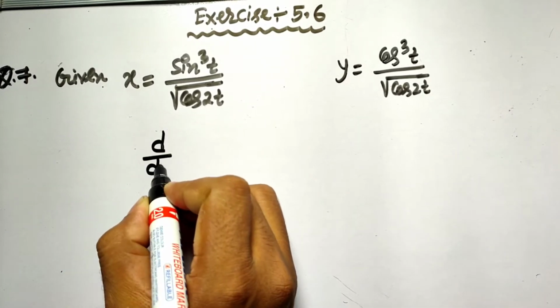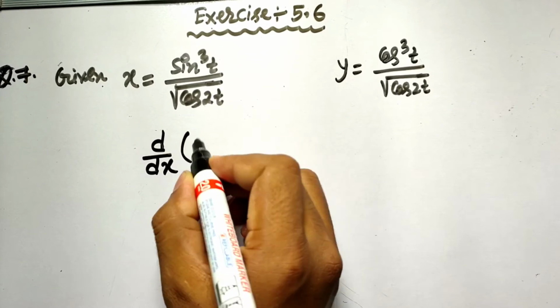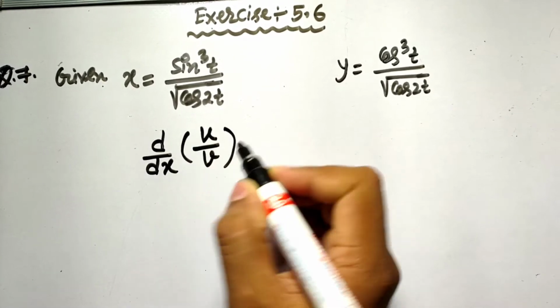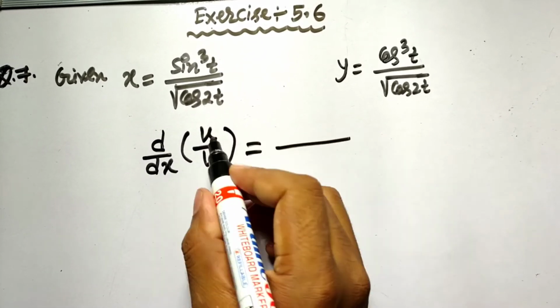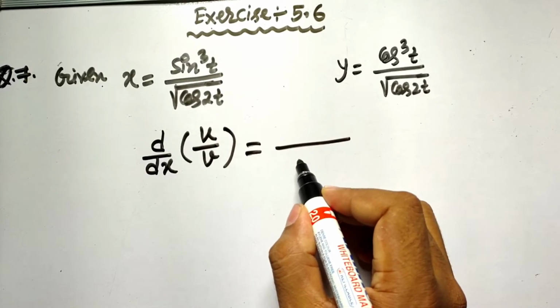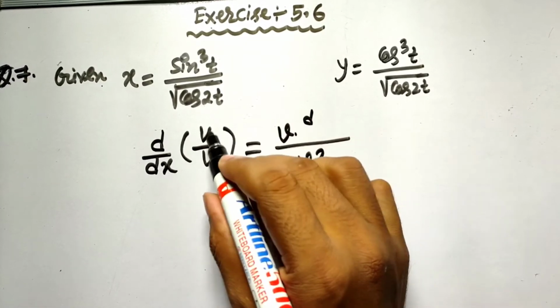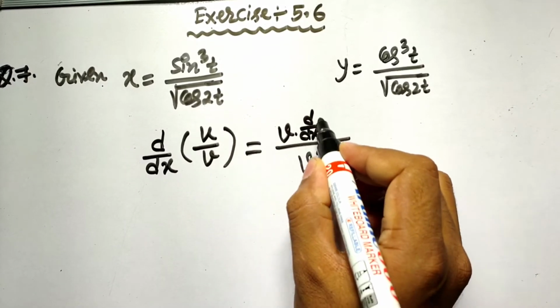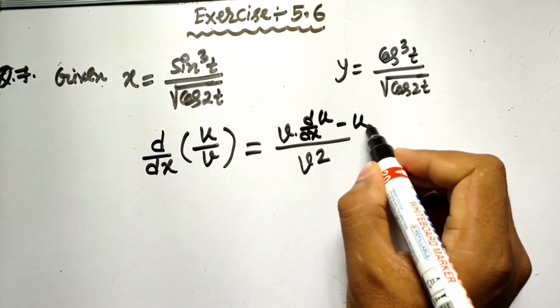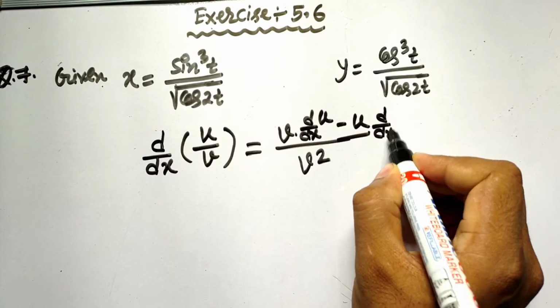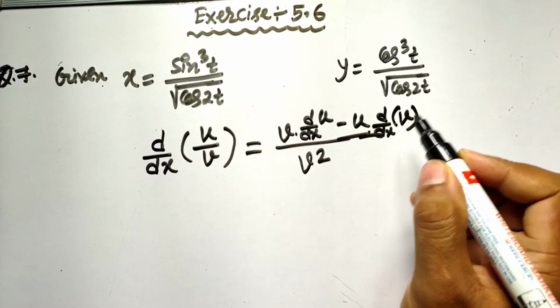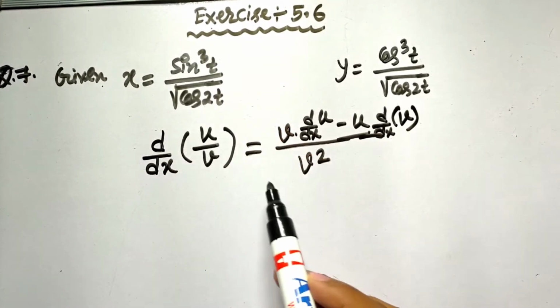The first formula is the division rule. The derivative of u by v is v into derivative of u, that is the numerator, minus u into derivative of v, all divided by v square. So first we will use this formula.